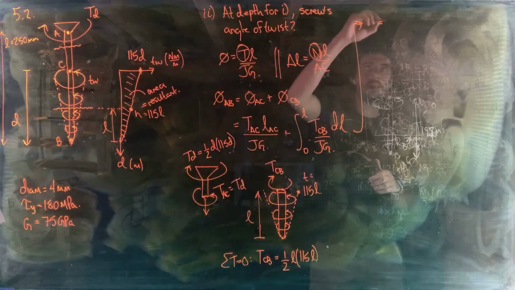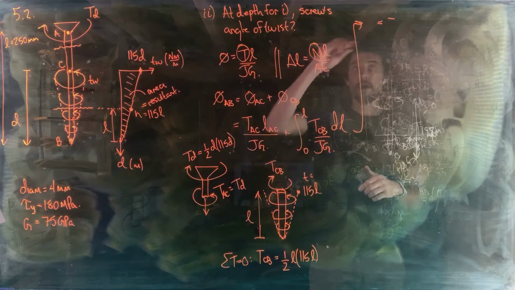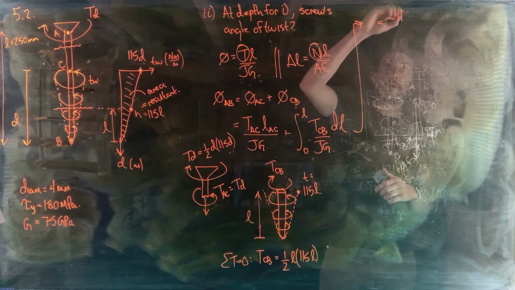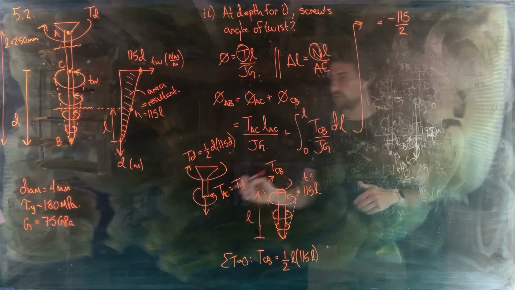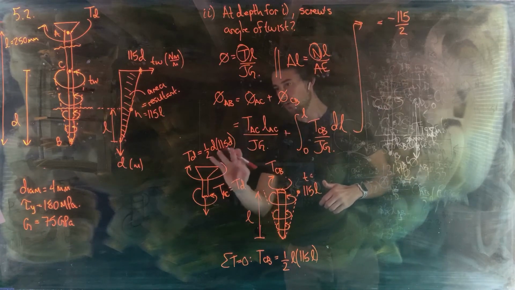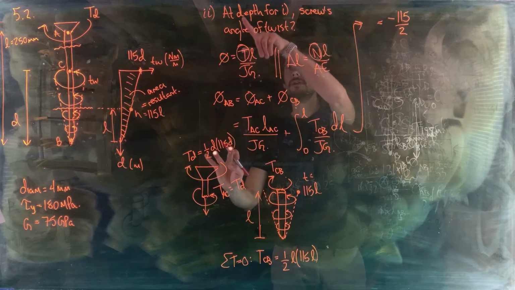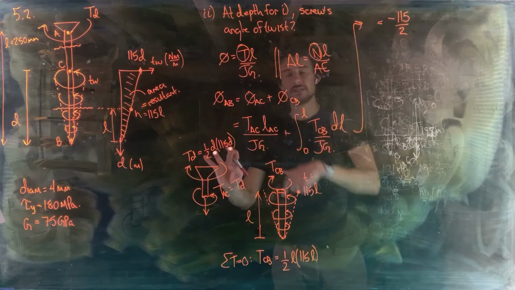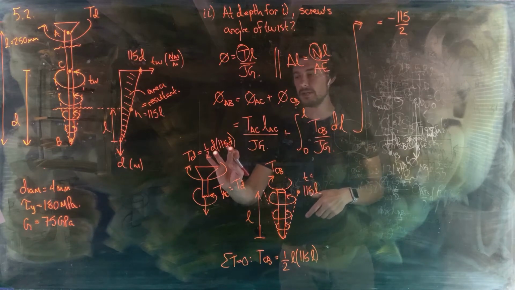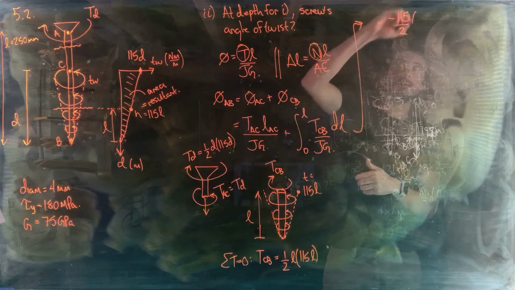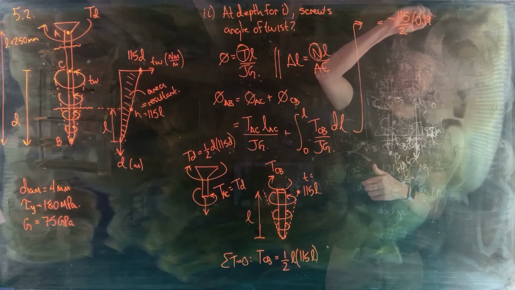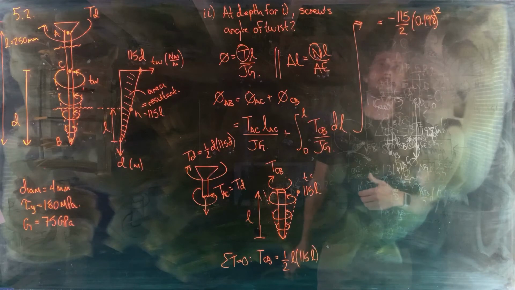So we need to put in negative 115 divided by 2. So there's the 115 divided by 2. And then the d squared, we said that d, for the depth in 1, is 198 millimeters now, or 0.198 meters. So 0.198 squared.